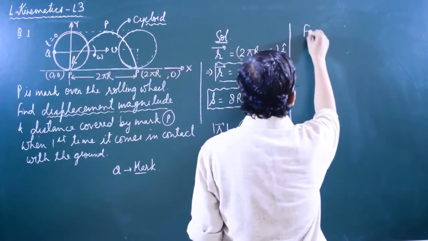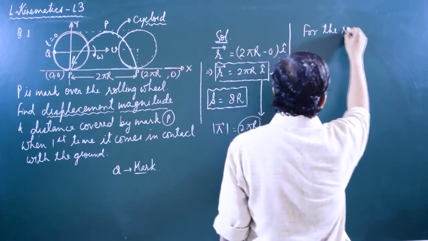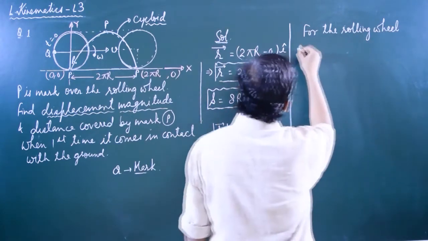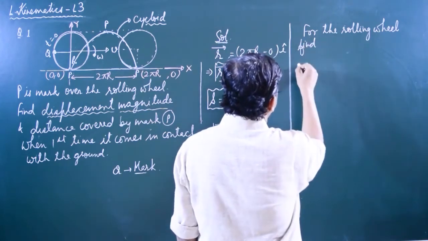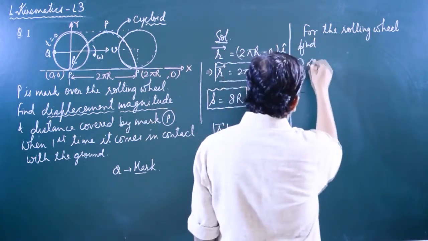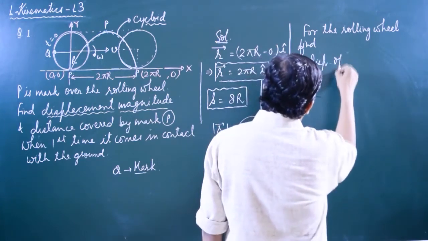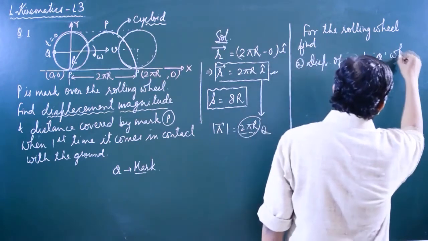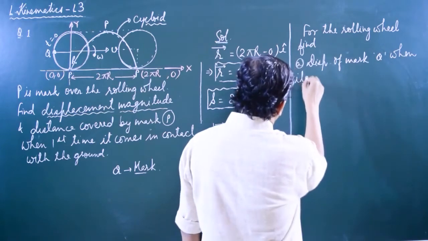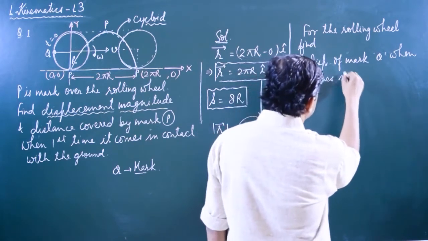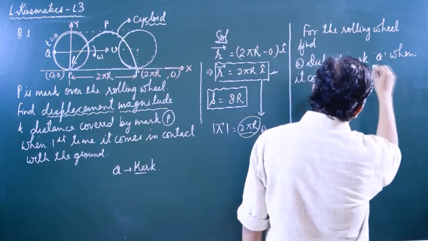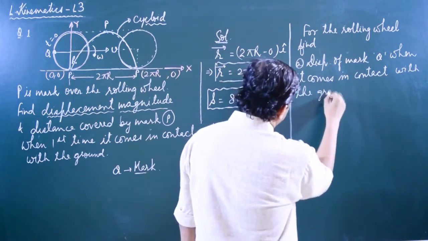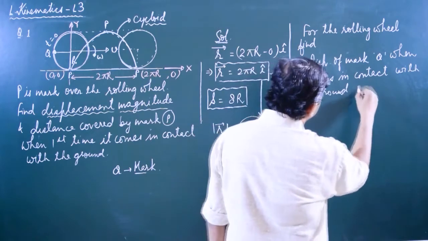So for the rolling wheel, find the displacement of mark Q when it comes in contact with the ground the first time.